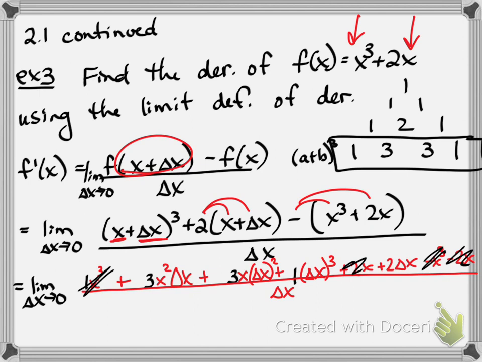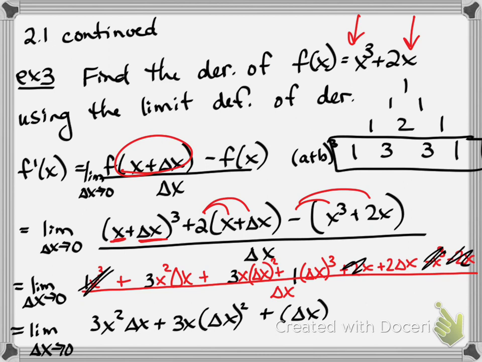I don't think so. So it's equal to the limit as delta x approaches 0 of 3x squared delta x plus 3x times delta x squared plus delta x to the third plus 2 delta x all over delta x.